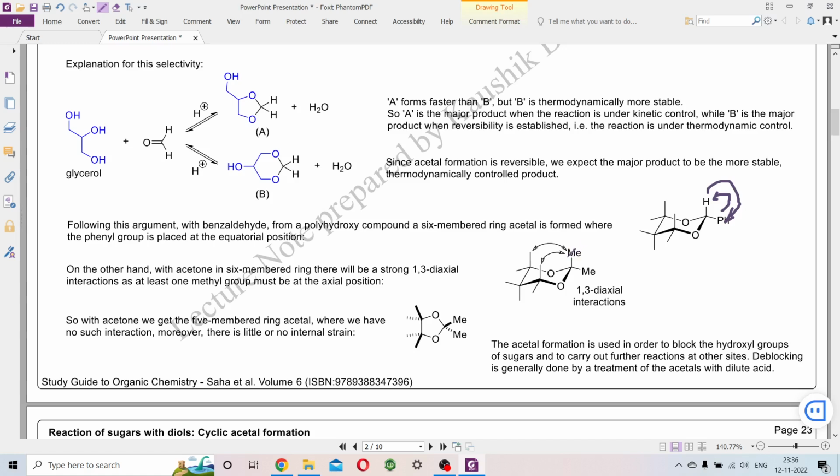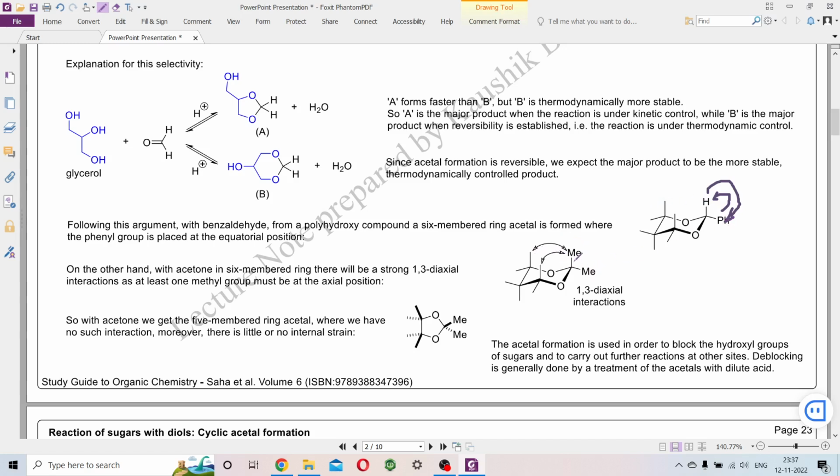So one of those methyls must be placed at the sterically demanding axial position, which will lead to tremendous steric crowding or van der Waals repulsion, or 1,3-diaxial repulsion as we know it. Therefore, this is not a viable proposition. Therefore, benzaldehyde can form 6-membered ring acetals because phenyl can avoid steric hindrance.